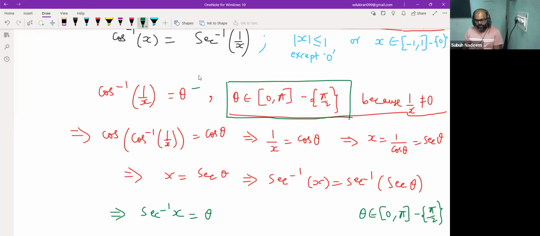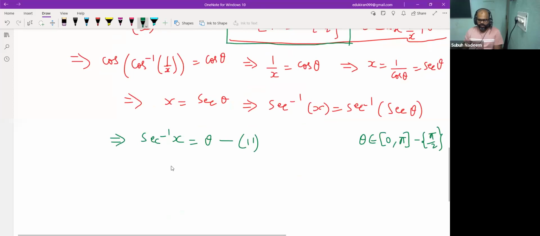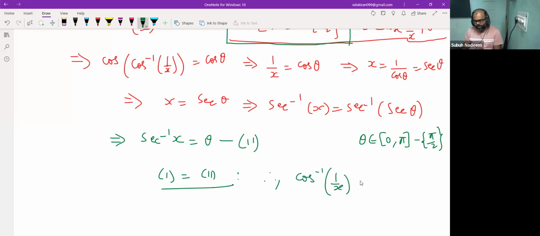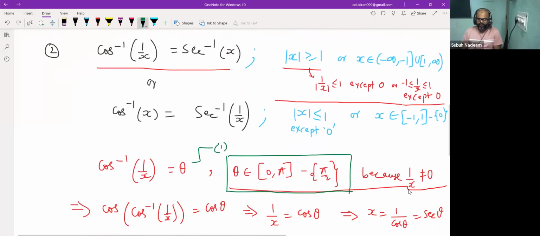So cos inverse 1 by x was theta and sec inverse x is also theta. So we can equate the first and second equation and say, therefore, cos inverse 1 by x is equal to sec inverse x. First write till here, then I will scroll down.